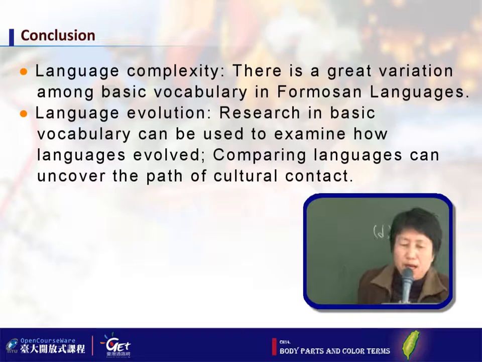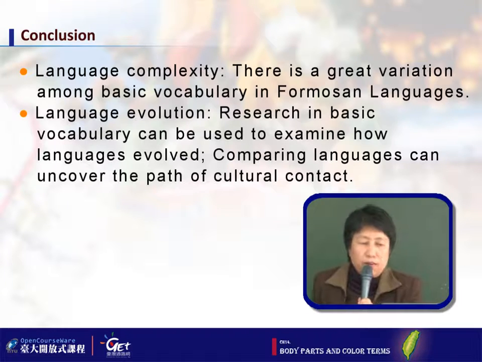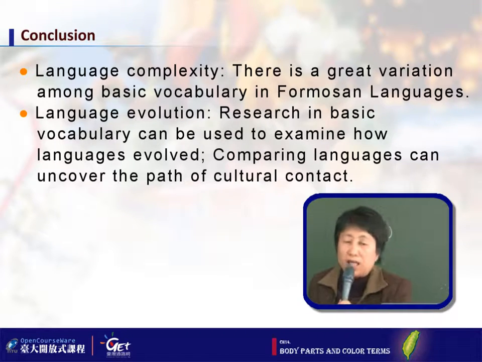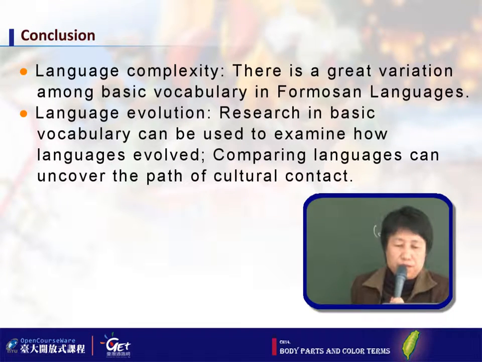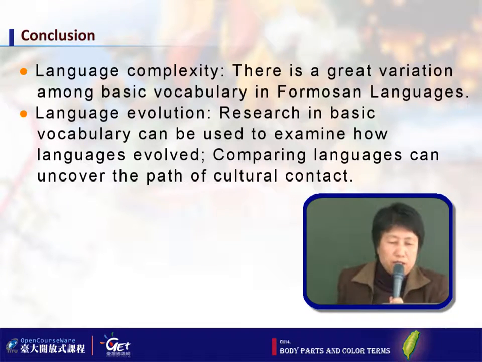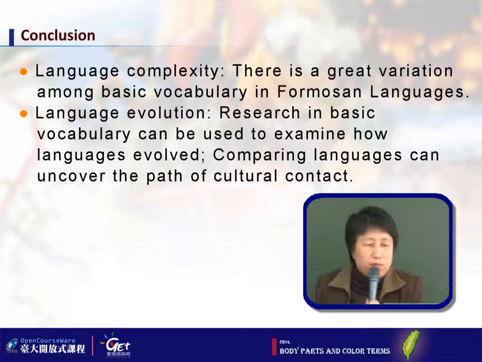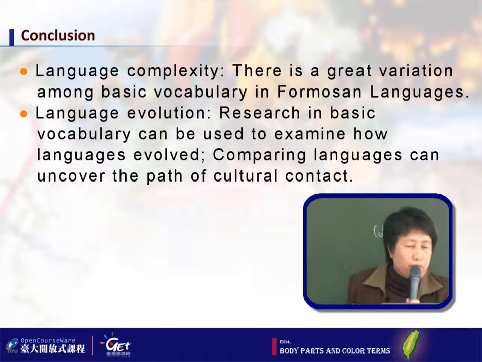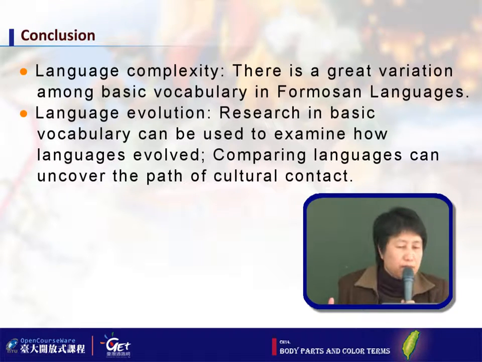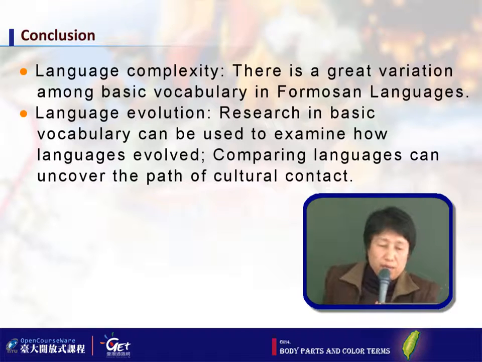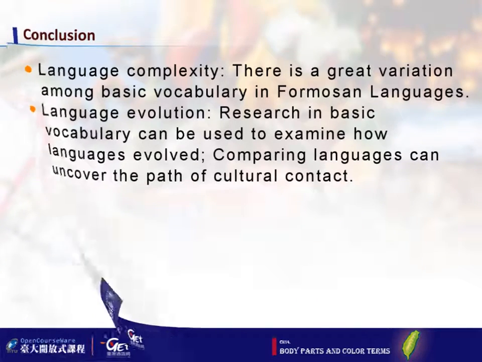And comparing languages can uncover the path of cultural contact. From the use of color terms, from their word formation or vocabulary, we are able to see how a particular type of vocabulary would be developed or evolved.